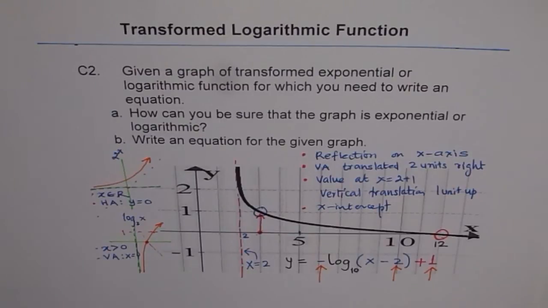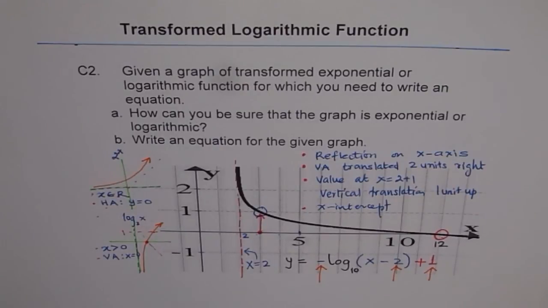But anyway, for any graph equation given to you, any exponential or logarithm function, the critical parameters you need to observe are the vertical asymptote, the x-intercept, and a value beyond 1 near the vertical asymptote. These are the values to check to get your answer. I hope you understand and appreciate it.